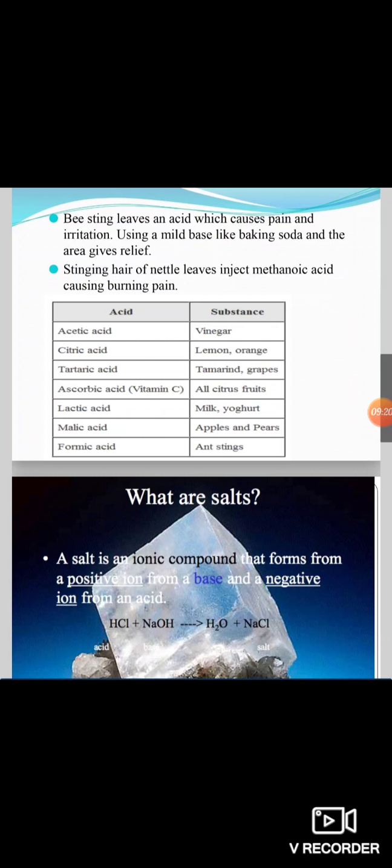Stinging hair of nettle leaves inject methanoic acid, causing burning pain. Nettle is a herbaceous plant which grows in the wild.